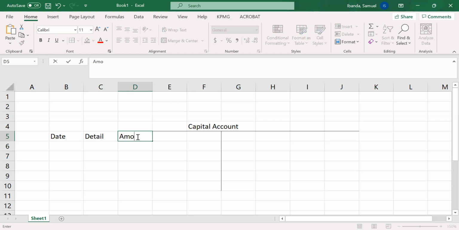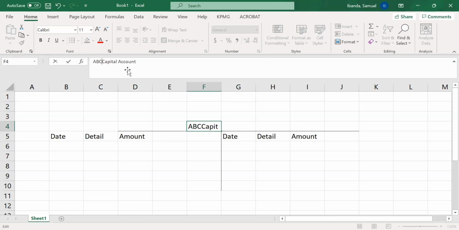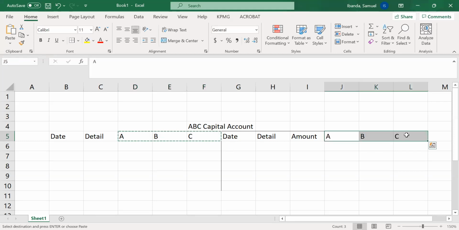That is what we have for the normal capital account, let's say for a sole proprietor, with a debit side and a credit side. Now, when it comes to a capital account for a partnership, let's say partnership ABC, we are going to have a column for A, a column for B, and a column for C. The same is what we shall have for the other side.